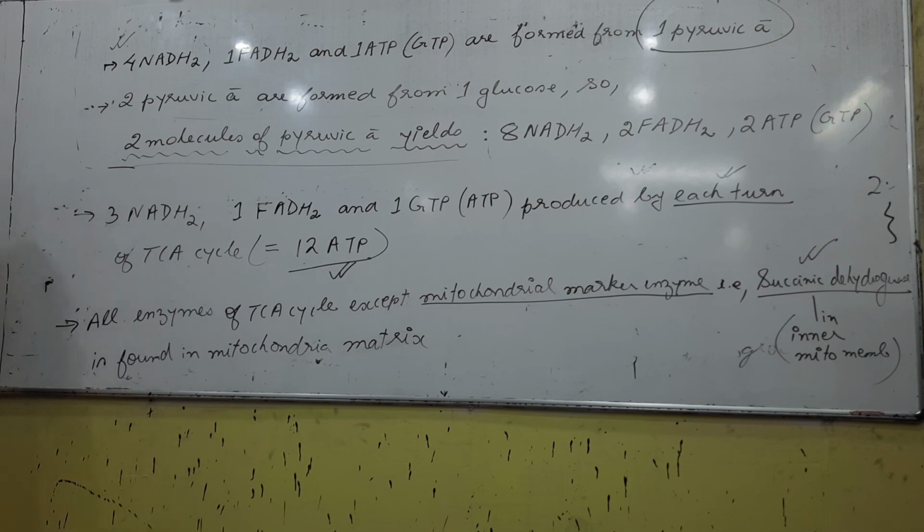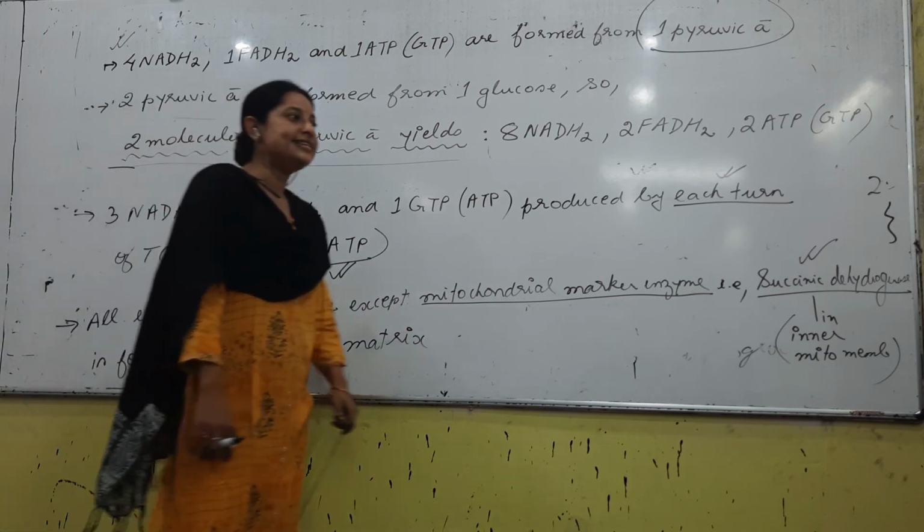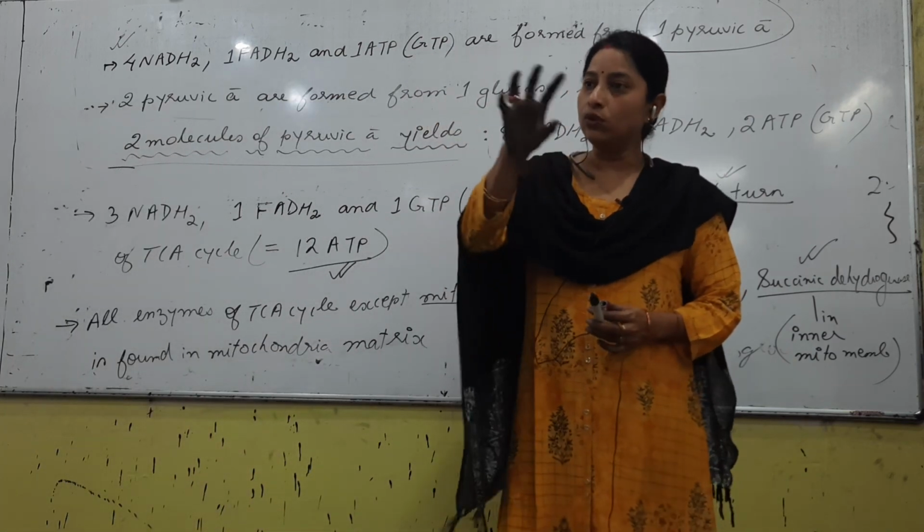Where is it formed? Glycolysis gives pyruvic acid, and after that the link reaction happens, then the Krebs cycle. So the pyruvic acid produces NADH2: one is produced when pyruvic acid becomes acetyl CoA, and after that, when acetyl enters and the Krebs cycle runs, three are produced. So ultimately 4 are formed, right? So if the calculation question is about pyruvic acid, then we have to include the link reaction. If it says directly 1 TCA cycle, we do not consider pyruvic acid; if it says pyruvic acid, we consider it, but if it says TCA, is it clear? If TCA cycle is specifically mentioned, TCA cycle is the Krebs cycle, so we are concerned with only the products of the Krebs cycle.